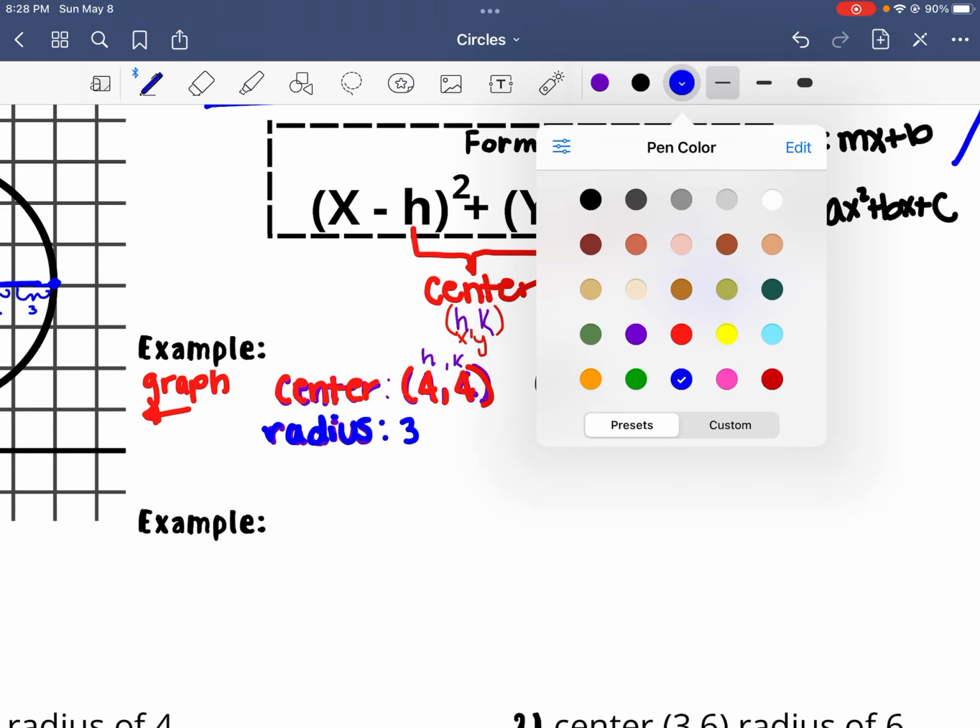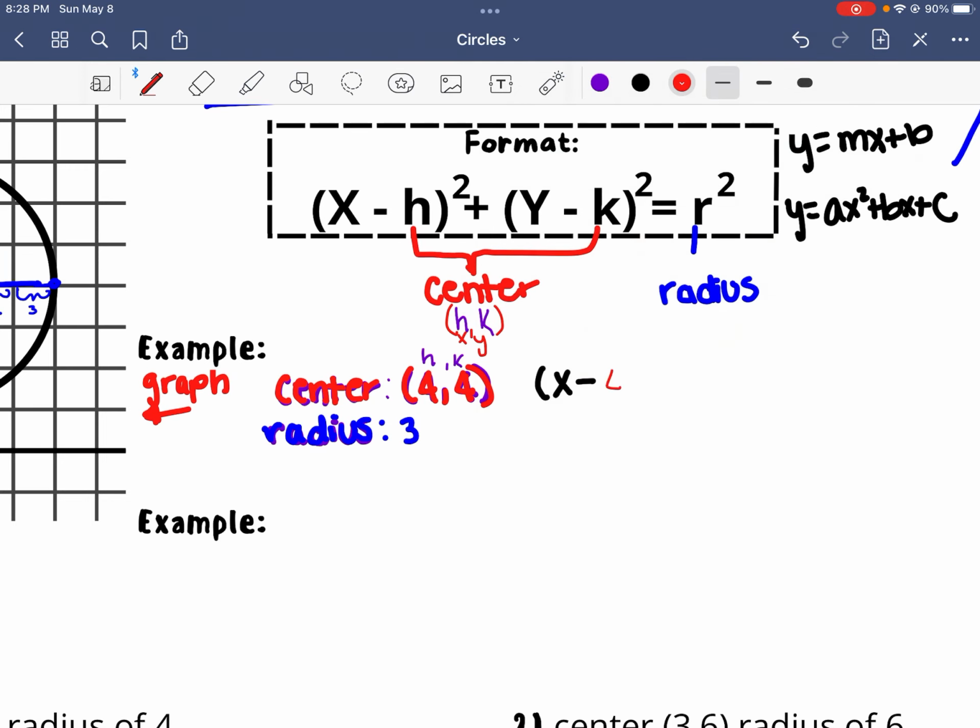x minus 4 squared plus y minus, oh, instead of k, I'm going to plug in 4 because that's my k, squared equals, oh, and instead of r, I'm going to plug in 3 squared. So it's up to you.